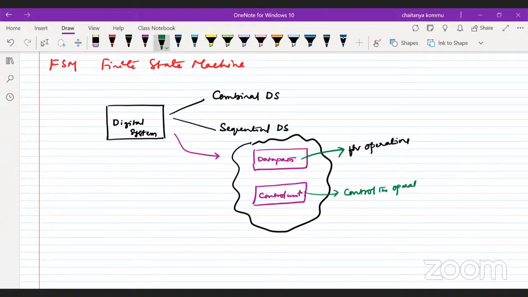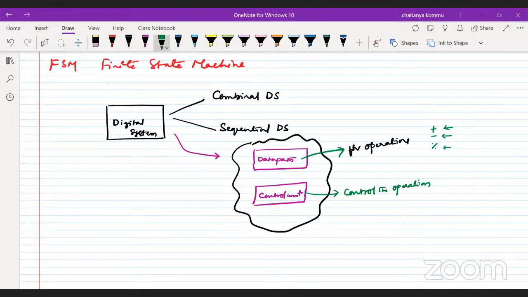For example, we have addition, subtraction, multiplication, division. At what time addition has to be performed, at what time subtraction, at what time division has to be performed, all this is controlled or sequenced by the control unit.